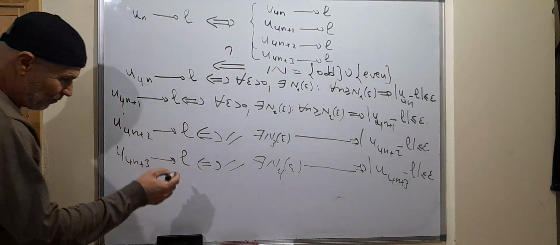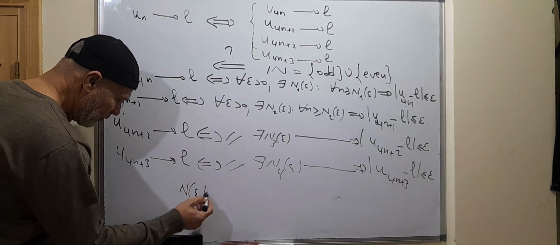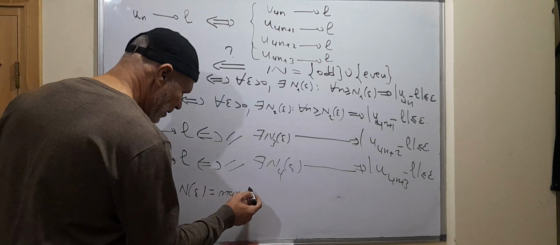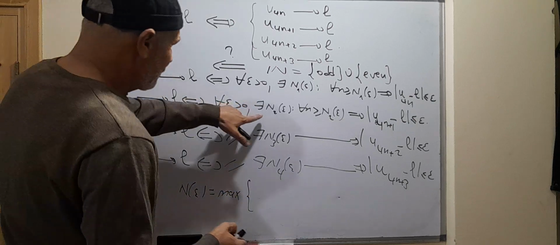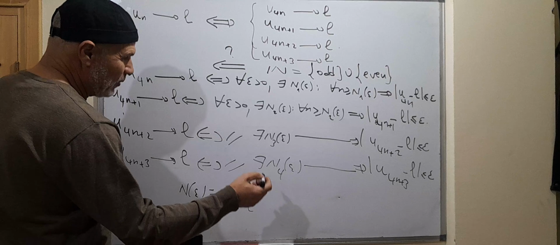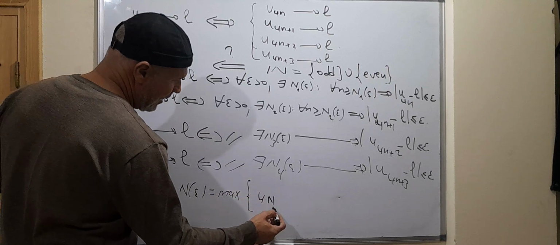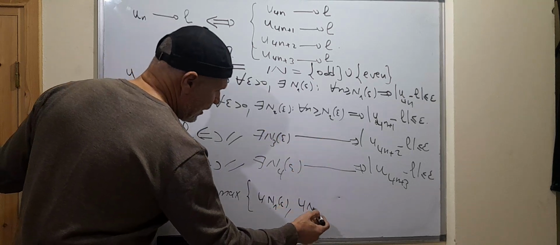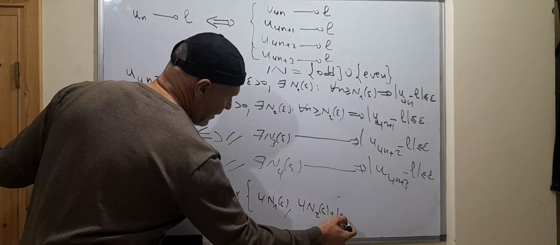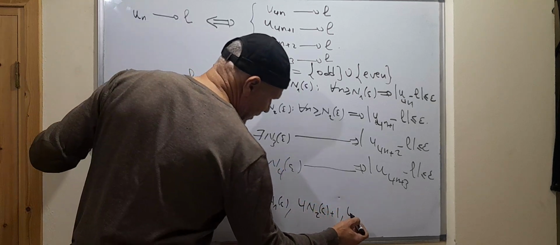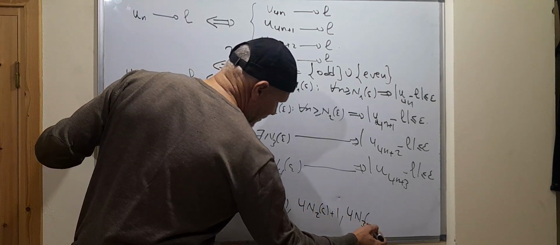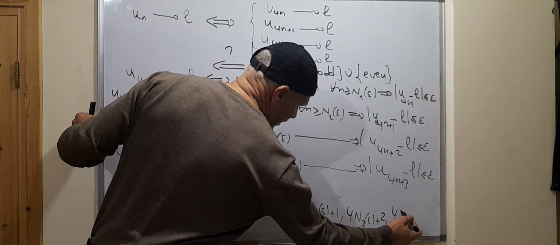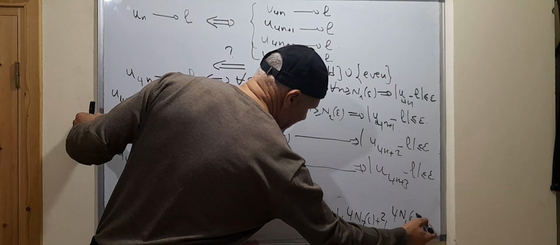In this case, there exists n(epsilon), which is the maximum between what? n_1(epsilon), we take for n_1(epsilon), n_2(epsilon) plus 1 for n_2, n_3(epsilon) plus 2, and n_4(epsilon) plus 3.